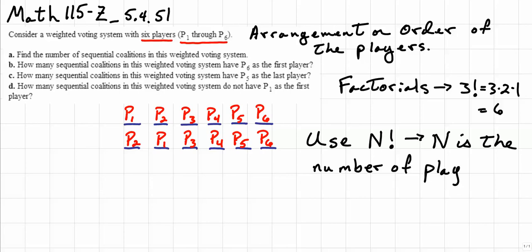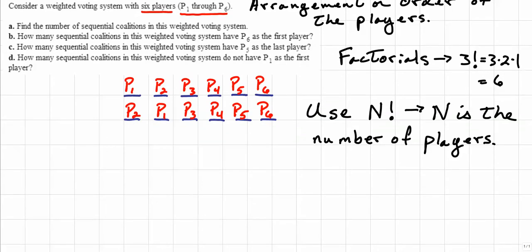And then we're going to use the fact that if we lock a player into a certain position, that position can only have 1 person there, but the other 5 positions will be subject to any one of the 5 remaining players. So let's consider part A. Find the number of sequential coalitions in the weighted voting system.